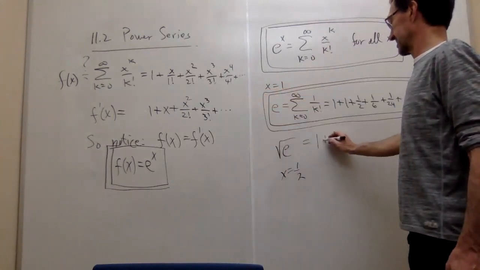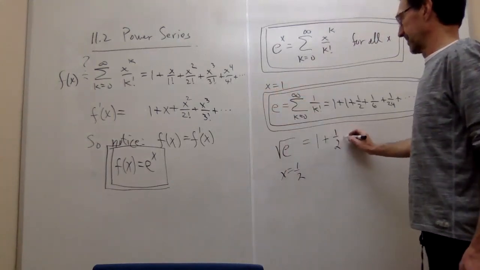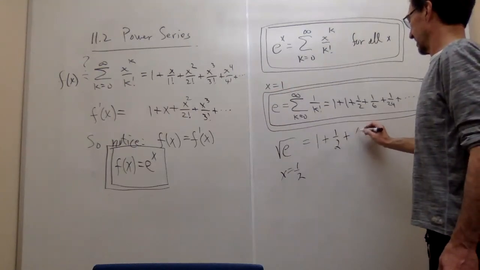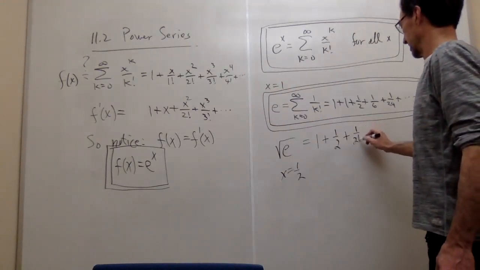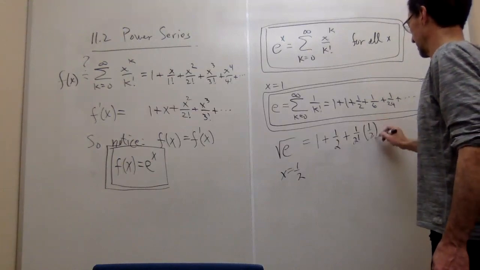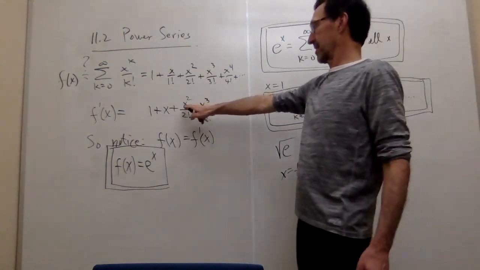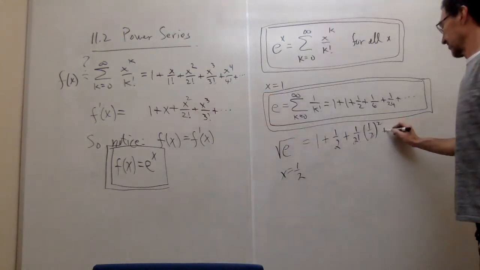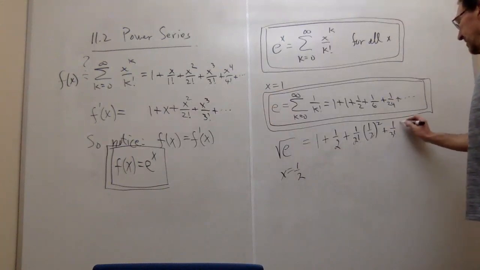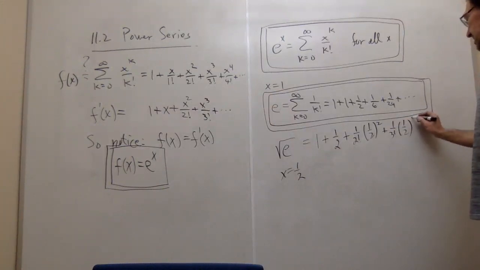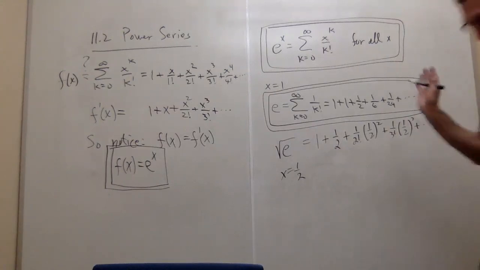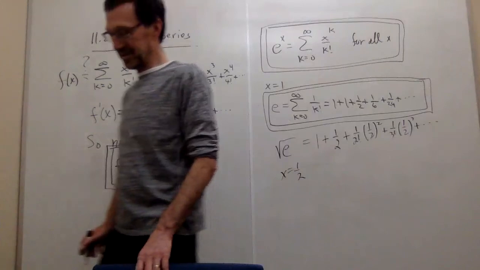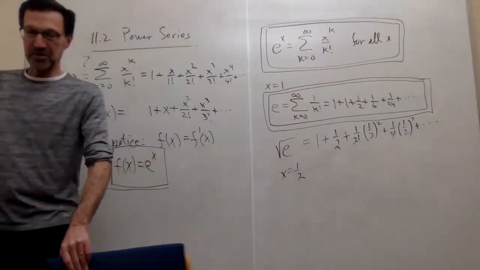I get 1 plus x, well that's 1/2, plus x squared, 1 over 2 factorial times 1/2 squared. We're squaring our x. And then 1 over 3 factorial times 1/2 cubed. And so on. There is a series that converges to the square root of e. I can pretty it up, but we don't really need to do that. It's not important. As long as we know we could do it if need be.